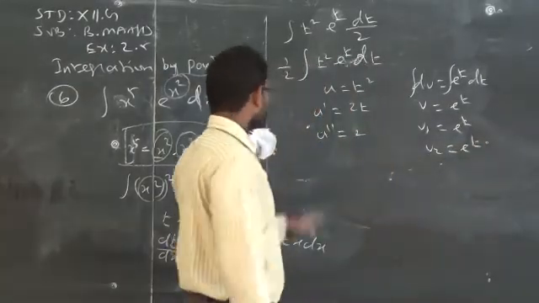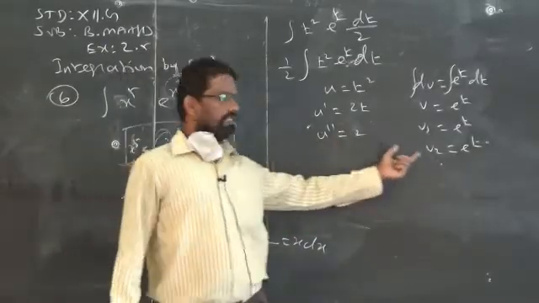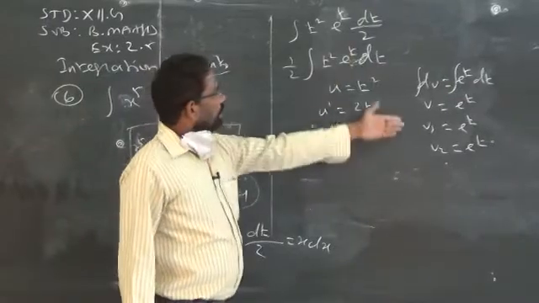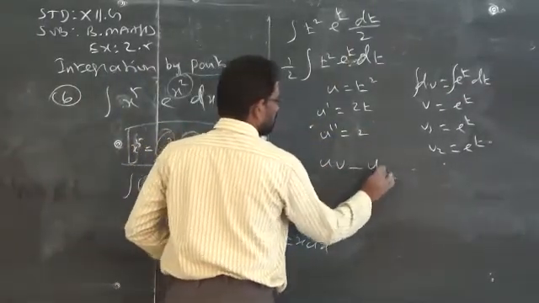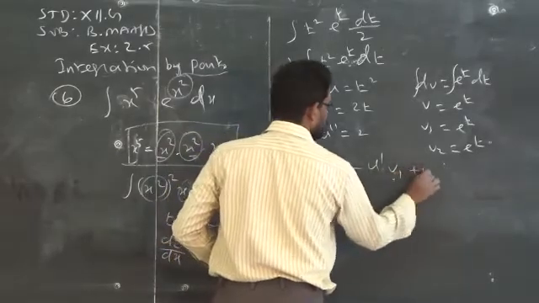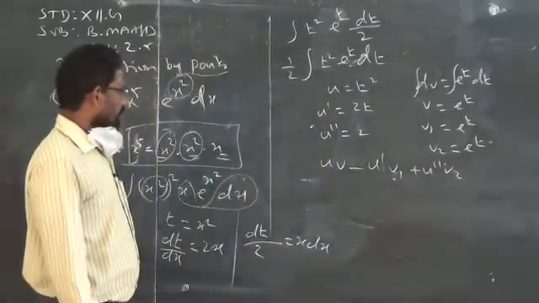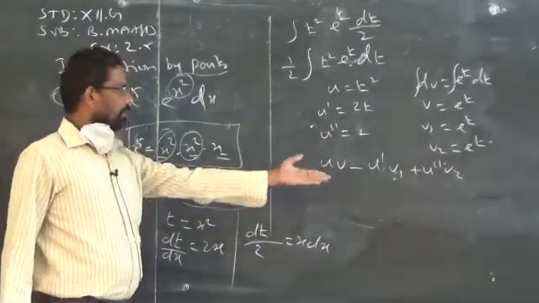We have to find up to the double dash. When the derivative is taken up to second order, the integration is also found up to the second one. Now we apply the formula uv minus u dash v1 plus u double dash v2.